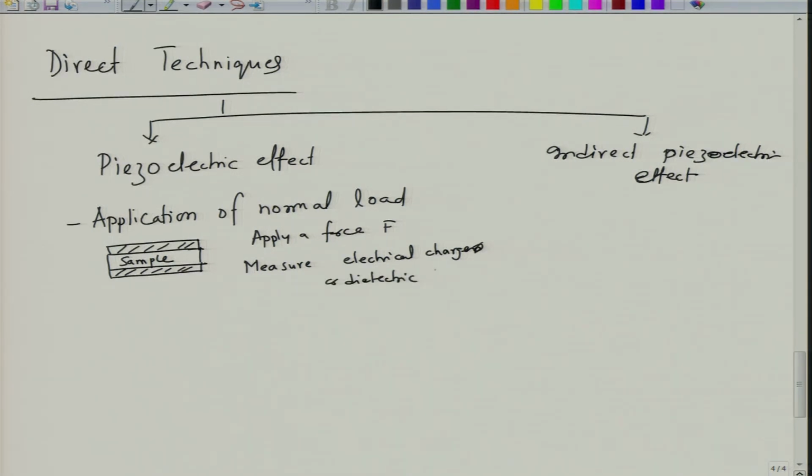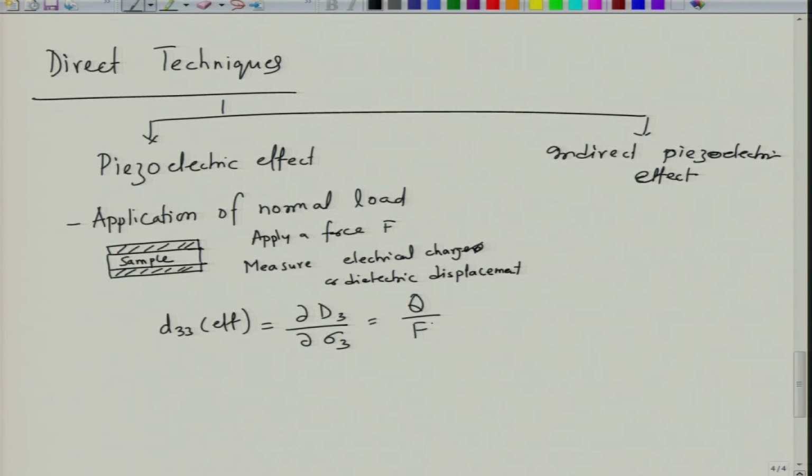So, D33 effective in this case would be del D3 to del sigma 3, or F3 you can say. This is what you are going to measure, and this is nothing but Q divided by F.